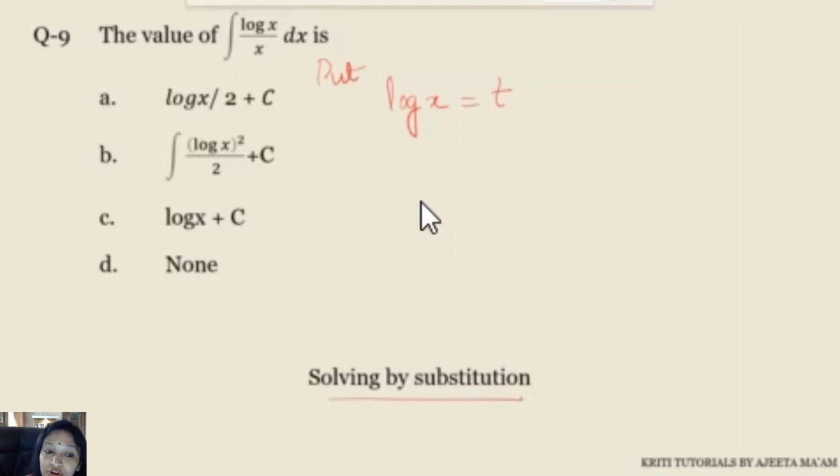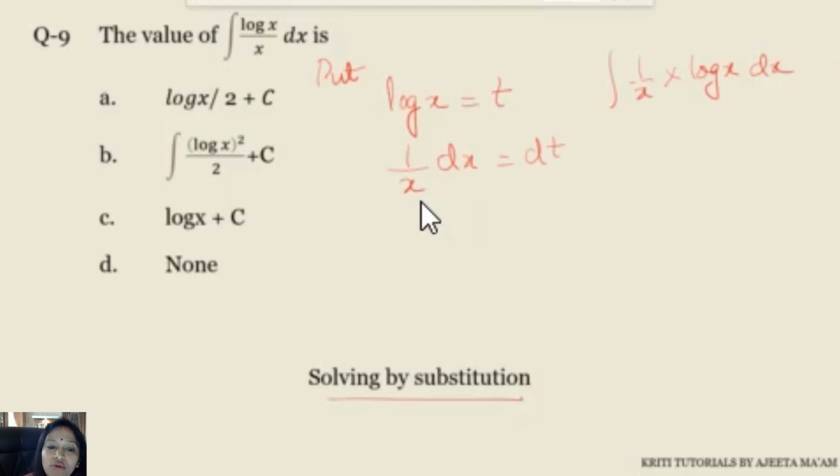Now, what is the derivative of log x? The derivative of log x is 1 upon x. That is why we can substitute, because we can write the function as the product of two functions, 1 upon x and log x. So along with the function, we have its derivative also in multiplication. So if we find the derivative, 1 upon x dx will be equal to dt.